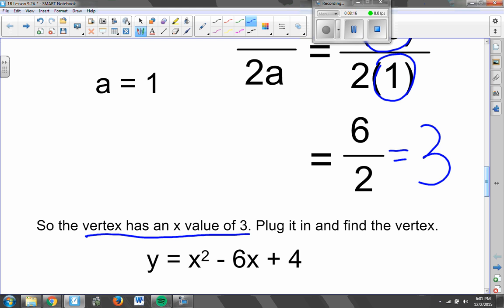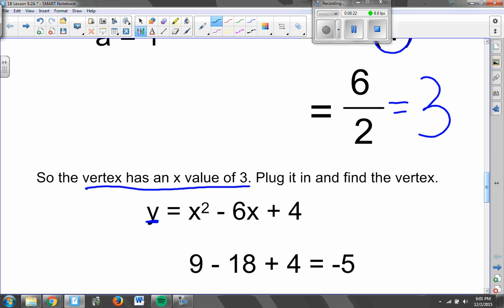Now we're going to plug that in here and find the y value for our vertex. Right, so we're going to go into this equation here. We're going to take 3 and put it right in there. 3 squared is 9. 6 times 3 is 18, and we got plus 4 at the end.